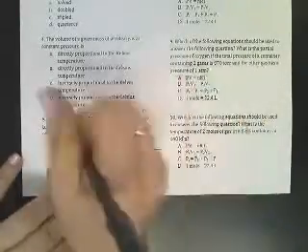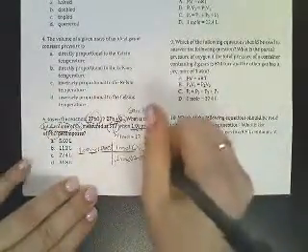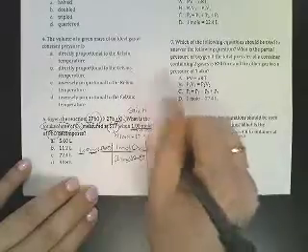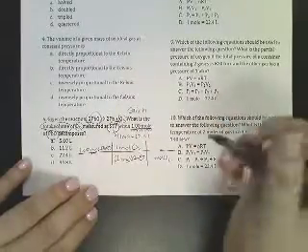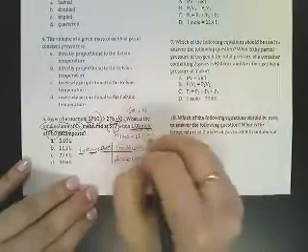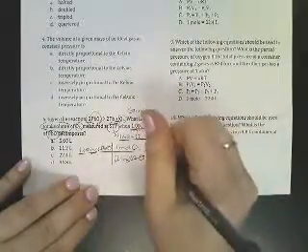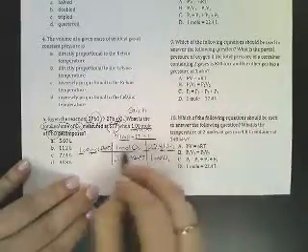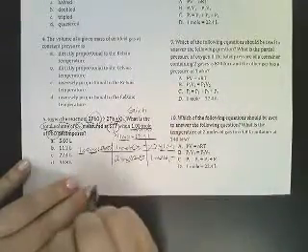This question is asking for total volume. So I need to cancel moles of oxygen out. How can I do that? I'm at STP, so I know that 1 mole of oxygen will equal 22.4 liters of oxygen. Moles of oxygen cancel.